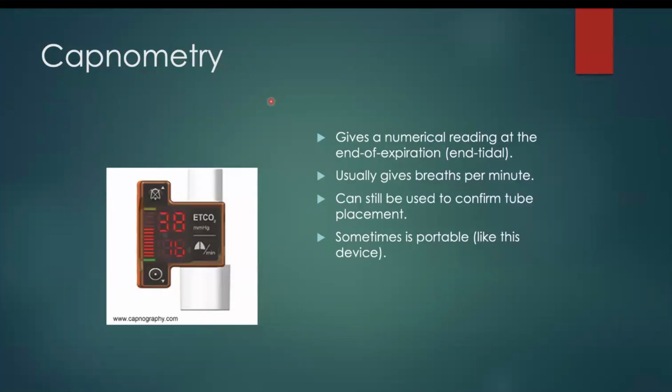So it tells you what that final number is. In this particular instance, this device also is able to count the respirations per minute. These are still useful if you're going to confirm tube placement, but capnography, where there's a graph associated with it, has become so ubiquitous that it's rare to see these anymore.